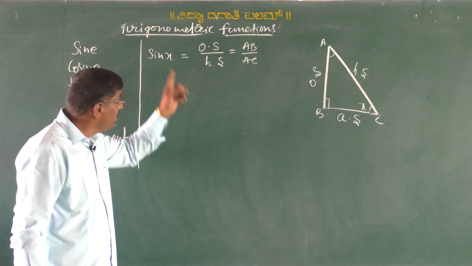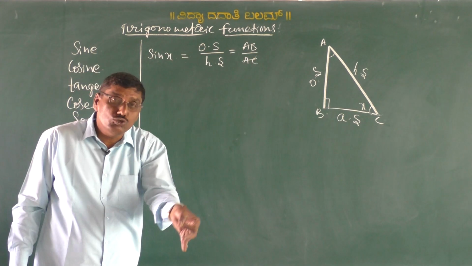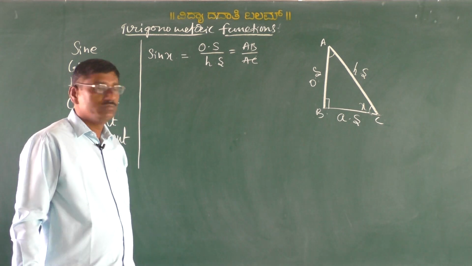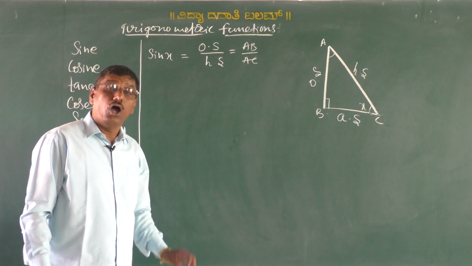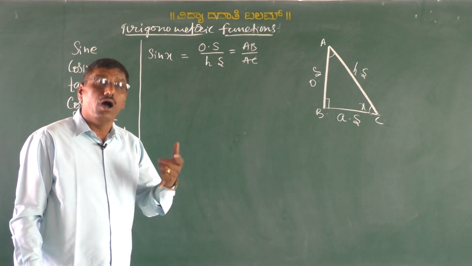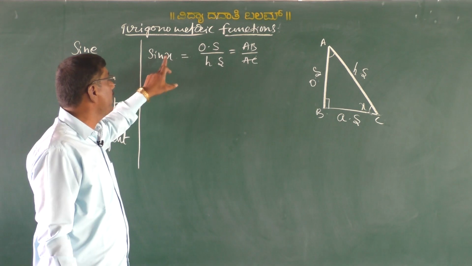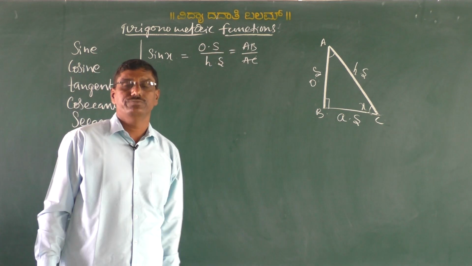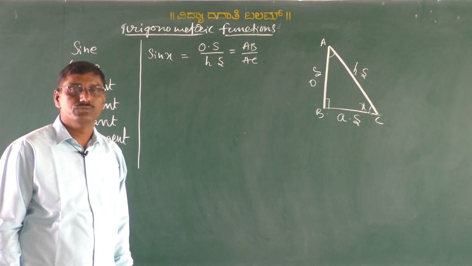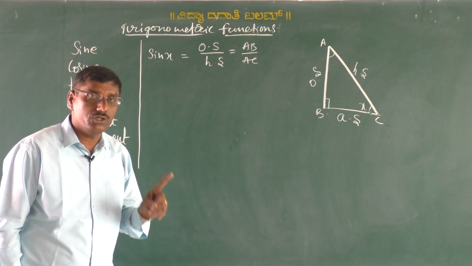This is the definition of sine. Sin x is equal to AB divided by AC and is also called a ratio. Why? Because sin x can be expressed in terms of ratio. Are you understood?